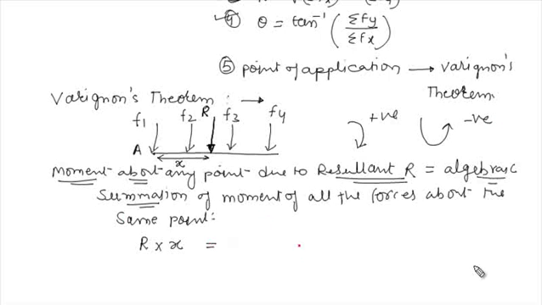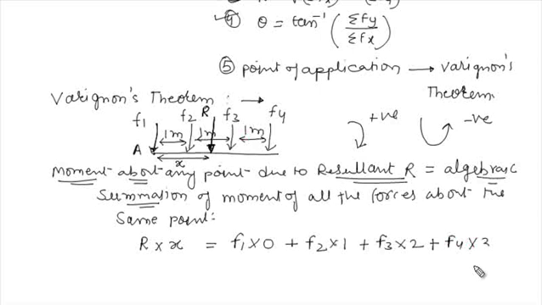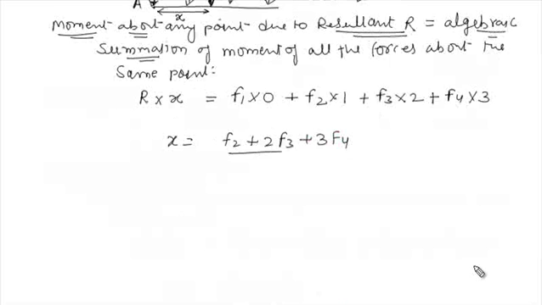So it should equal the algebraic summation of moments of all the forces about the same point. Suppose by F1 the moment at A will be F1 into 0 because the perpendicular distance is 0, plus F2, suppose this distance is 1 meter, so it will be 1, plus F3 into 1 plus 1, which is 2, plus, suppose, F4 into 3. So x will be F2 plus twice F3 plus thrice F4, divided by R.